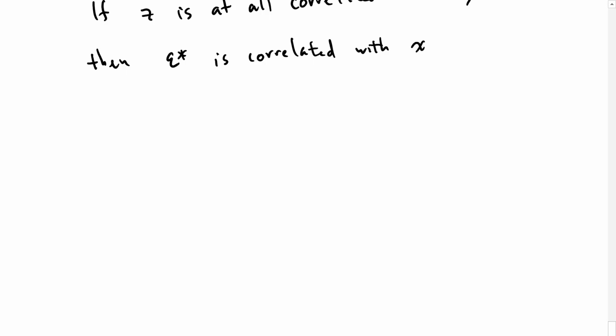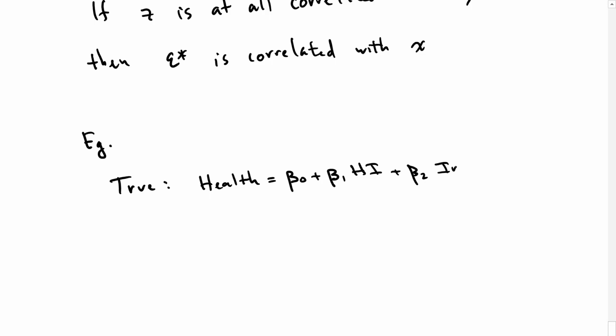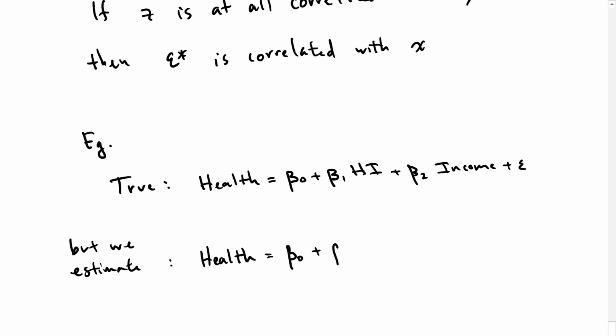Okay, so example here. If the true model is health is a function of health insurance and income, but we estimate that health is only a function of health insurance, HI for health insurance.